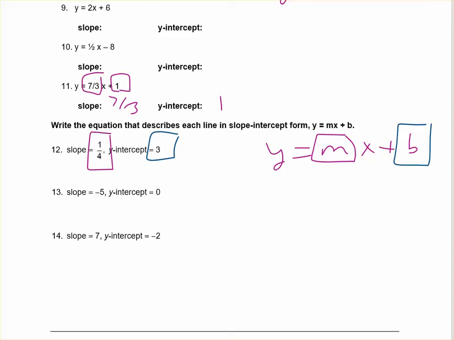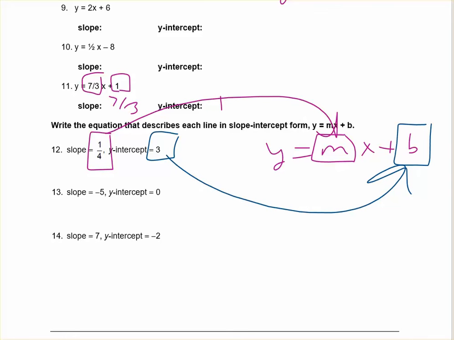So you just take and put the slope in here, and you put the y-intercept in here, and your equation will still have a y and an x in it. So you'll write y equals, and then you put your slope, 1/4, and then you write x, and then you put plus your y-intercept. So the slope and the y-intercept get replaced with m and b, but you'll still have an x and a y in your equation.